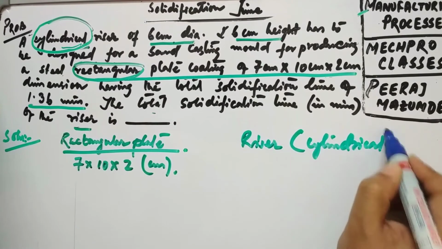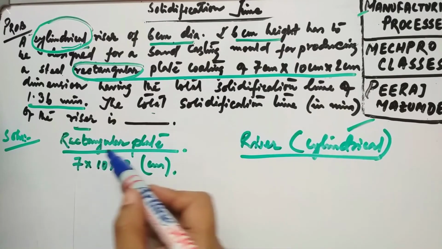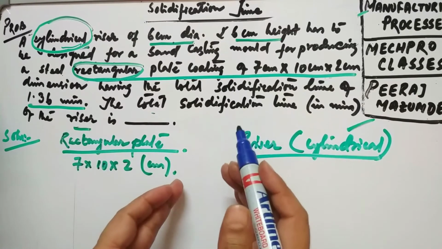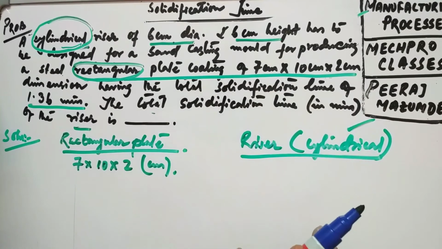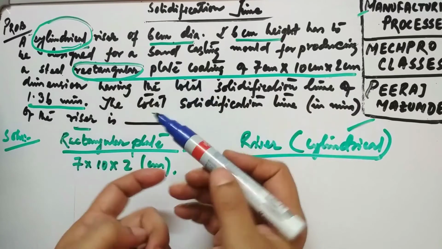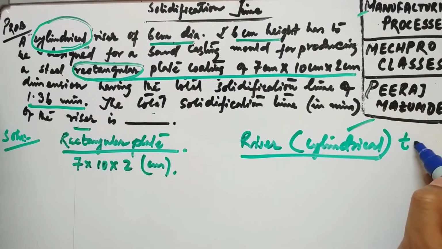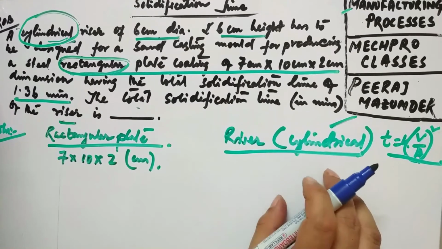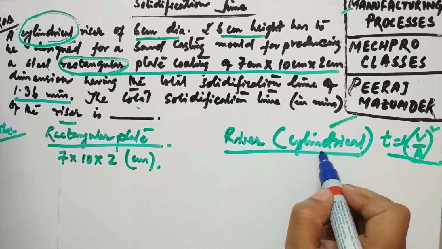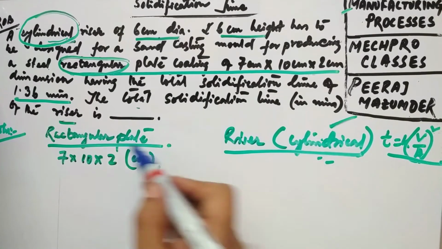So if you know the geometrical values of volumes and surface areas of cylindrical as well as rectangular cross sections, you are going to easily solve this kind of problem. Okay, so you don't need big concepts about risers or castings or anything else. You just need to remember the formula, that is T equal to K into V by A whole square. That formula you need to remember, and you have to remember the mensuration properties, that is the volume and surface area of cylindrical shapes or rectangular shapes.